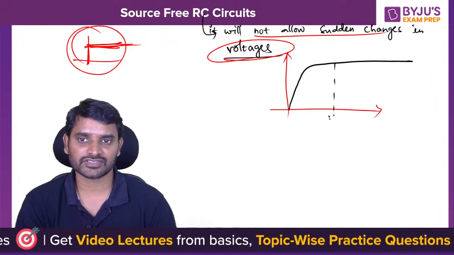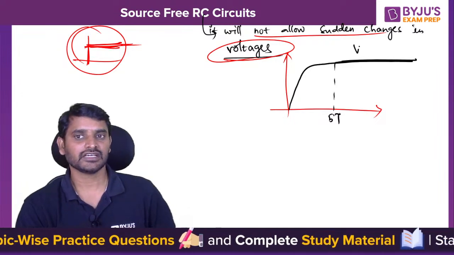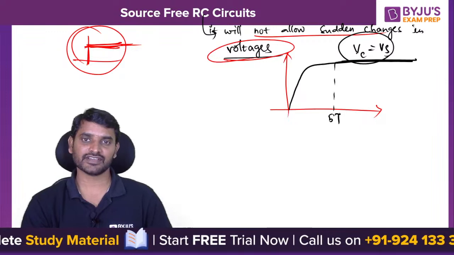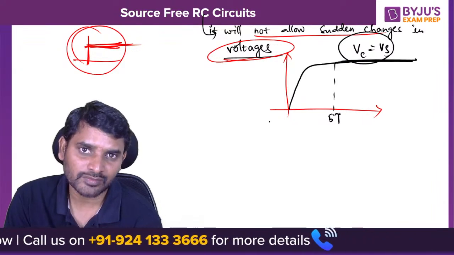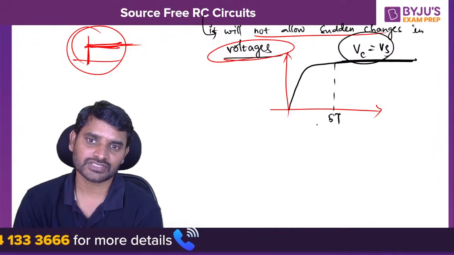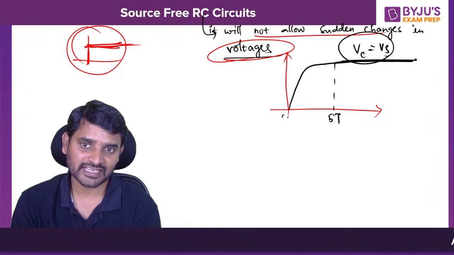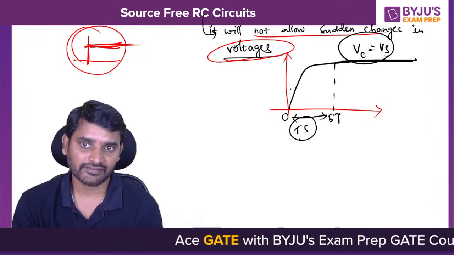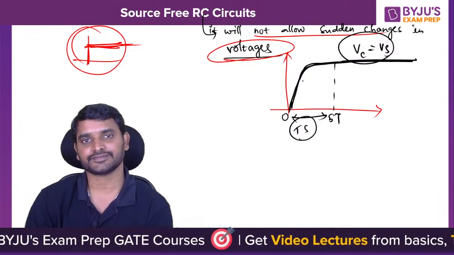After 5 time constants, the voltage across a capacitor looks like the supply voltage. So the moment you connect the capacitor with the source, it is not accepting the voltage immediately, and it is taking some time. This time period we call the transient period, and we are going to observe the capacitor in this period.